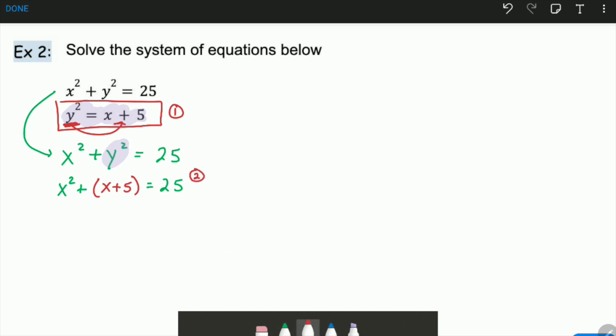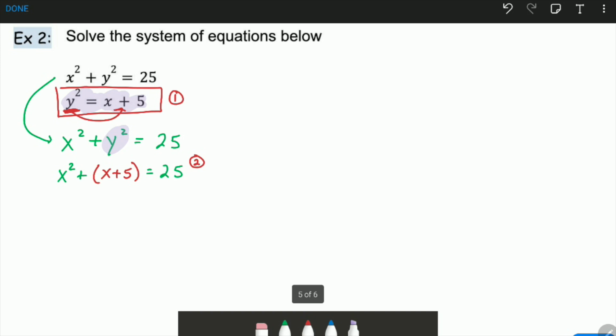Step 3 now is to solve the quadratic. So I'm going to basically ignore the parentheses, and then get it equal to 0. So subtract 25 from both sides.